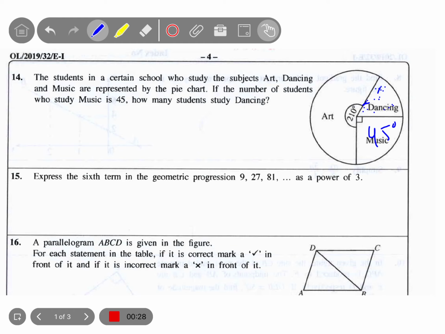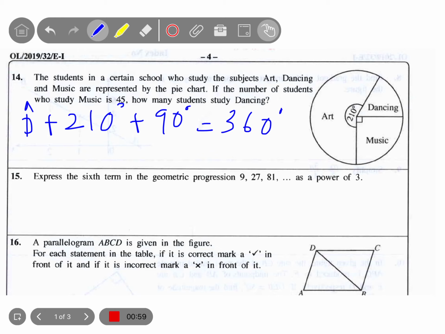First of all, you have to find the angle that dancing represents. We know an angle around a point is 360. So the dancing angle, I'll just put it as D, plus 210 plus 90 degrees is 360.